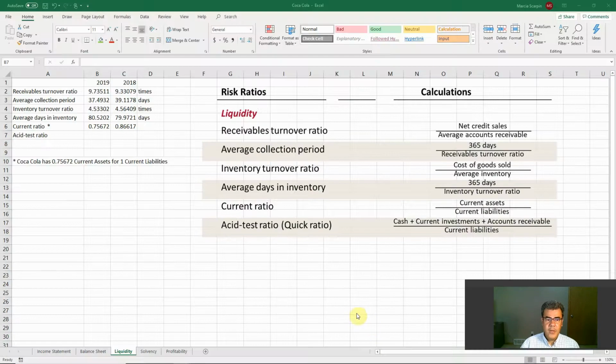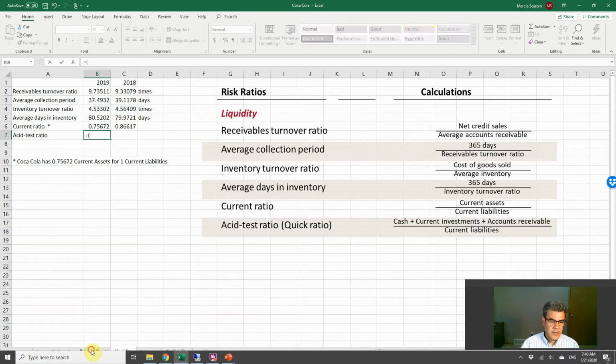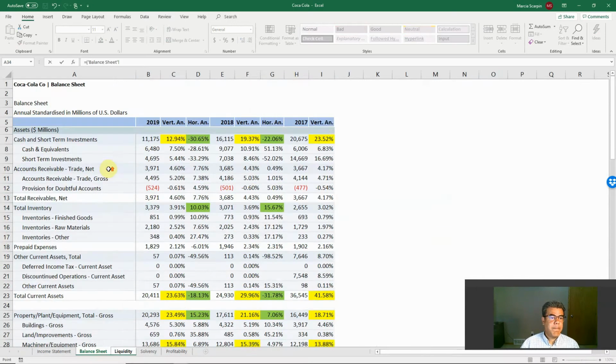Okay, so let's do it. If we have no inventory, how much money? This is our fast money. That is why it's called quick ratio. It is everything that is already money or will be money in the short term. That is the accounts receivable. So here, cash plus short-term investments.